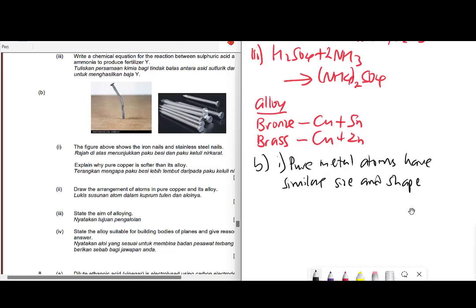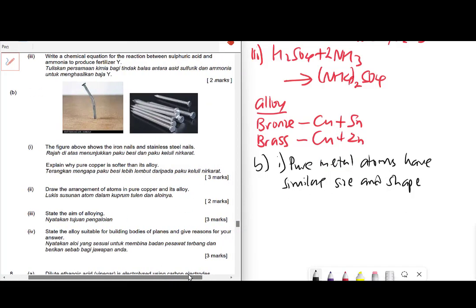Alright, so there's your first mark here, because this question comes with 2 marks. Okay, so you can say same size, same shape. Then you come to the next mark. I think this one should be 2 marks only, not 3. And then what happens to the atoms? The layers of atoms can easily slide over when you apply a force.